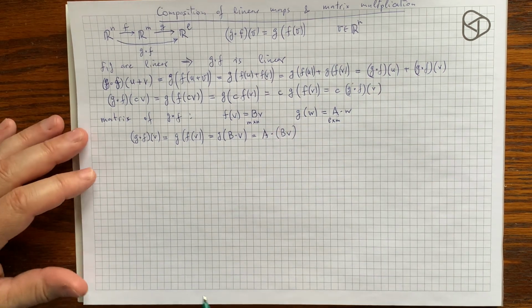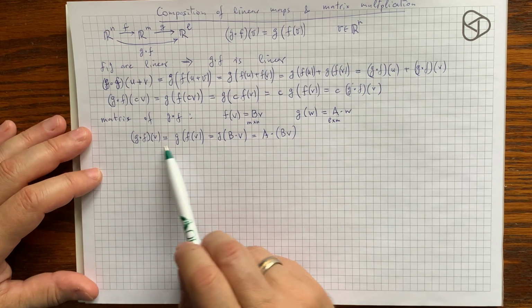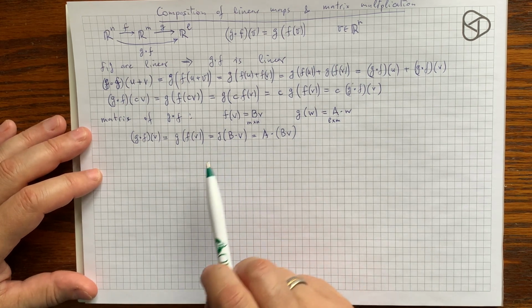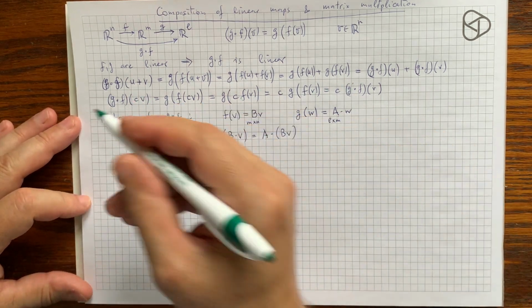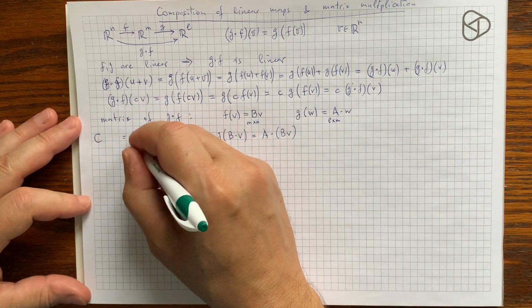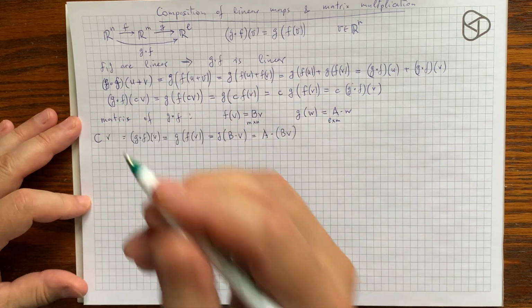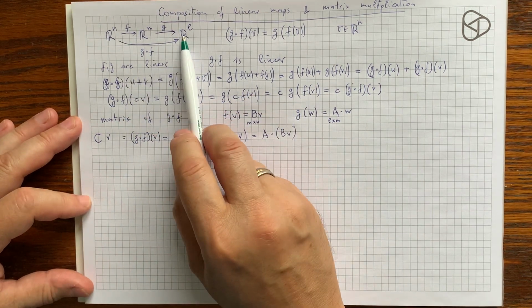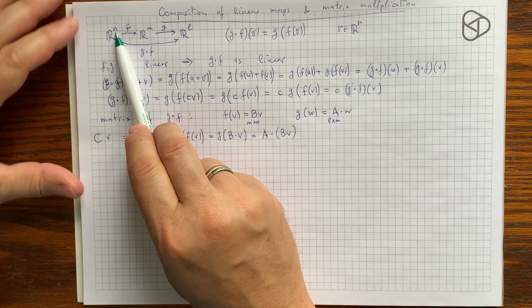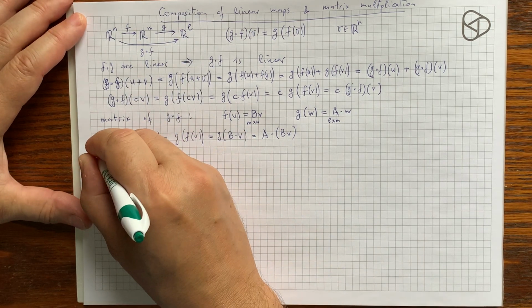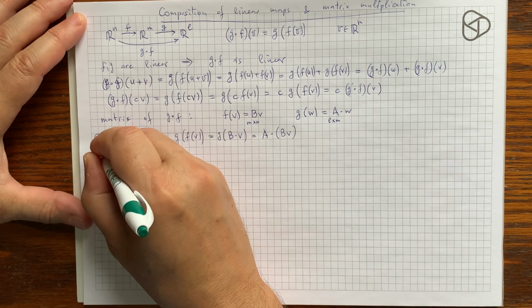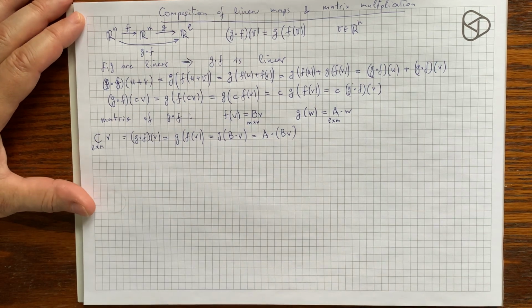So that's just spelling out what the ingredients are. But then what we want to see is the matrix of this new linear transformation. This transformation will transform vectors of length n into vectors of length L. So the matrix will have to have the size L by n, L rows and n columns.